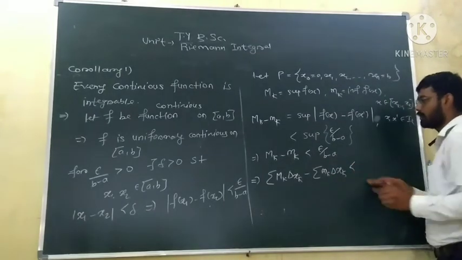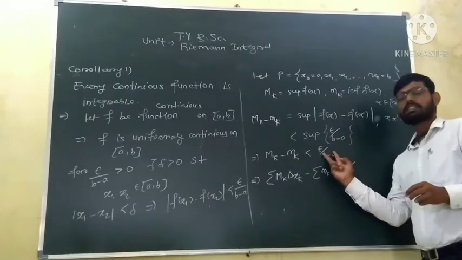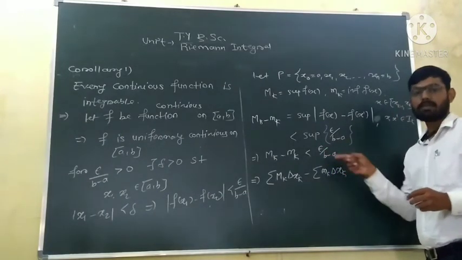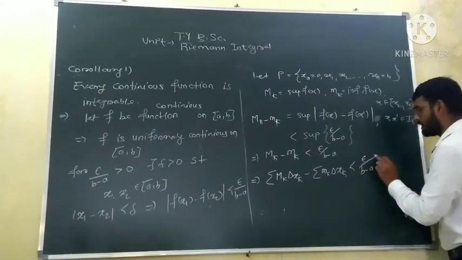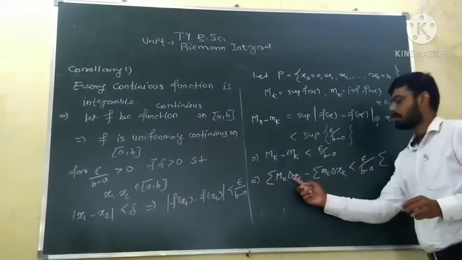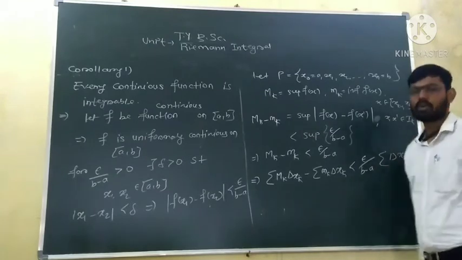This is less than epsilon upon b minus a multiplied by delta xk, taking the summation. This is a constant and has no role in the summation, so we can take it outside. So less than epsilon upon b minus a into the summation of delta xk, where k varies from 1 to n.